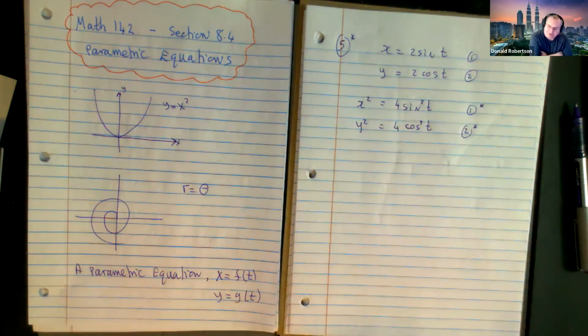There is something I'm about to do next that's going to make the t's, the sine squareds and the cos squareds, disappear. And all I'll be left with is things with x's and y's.